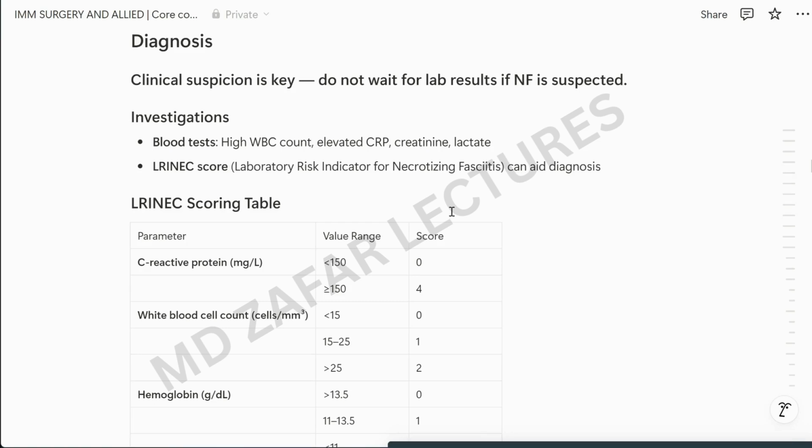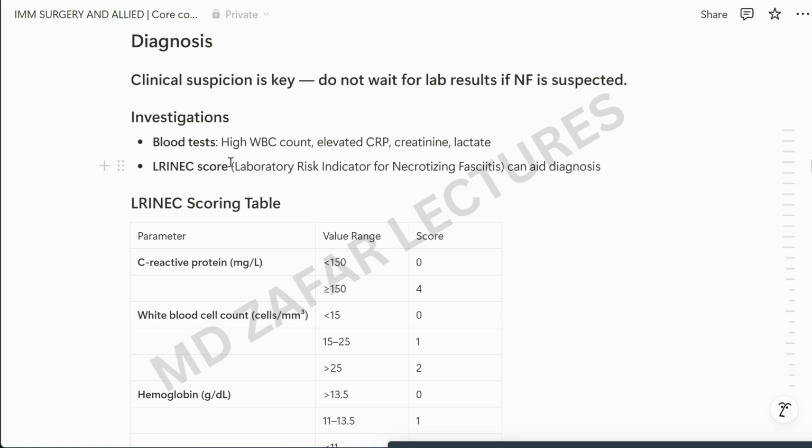In terms of diagnosis, the very first thing is clinical. It is a clinical diagnosis, but certain labs are important. We have the blood tests. They will be representative of sepsis and include high WBC count, increase in the CRP, deranged renal function tests, and various others.